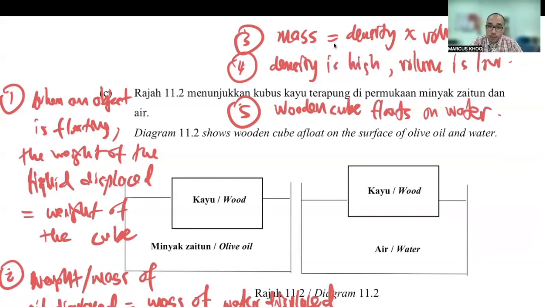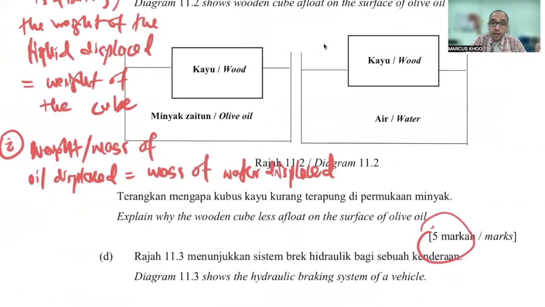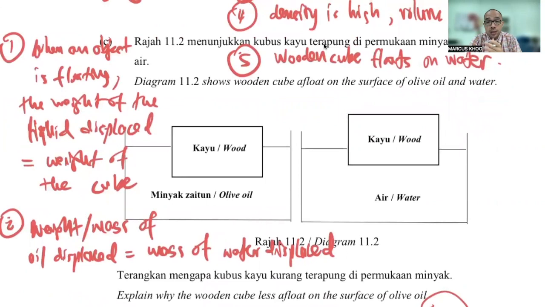Coming back to the buoyant force, this is a buoyant force situation. Buoyant force is density times volume times gravity: F equals rho Vg. The most important thing to understand is that when an object is floating, the weight of the liquid displaced is equal to the weight of the whole cube itself. In both situations, the weight of the olive oil displaced and the weight of the water displaced is the same.